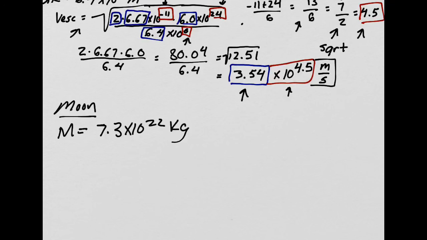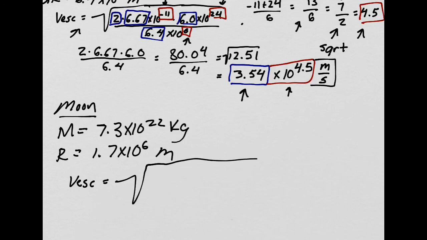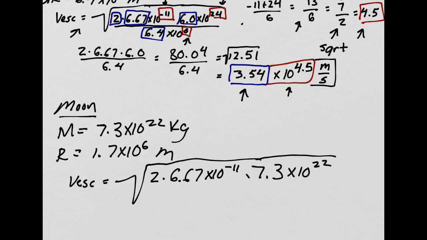The radius of the moon is 1.7 times 10 to the 6 meters. So the escape velocity is the square root of 2 times G, 6.67 times 10 to the minus 11, times M, 7.3 times 10 to the 22, divided by R, 1.7 times 10 to the 6.